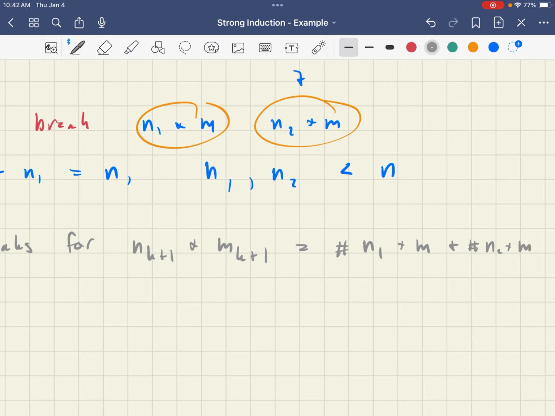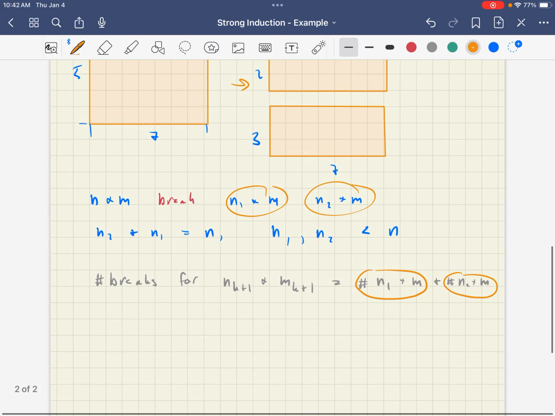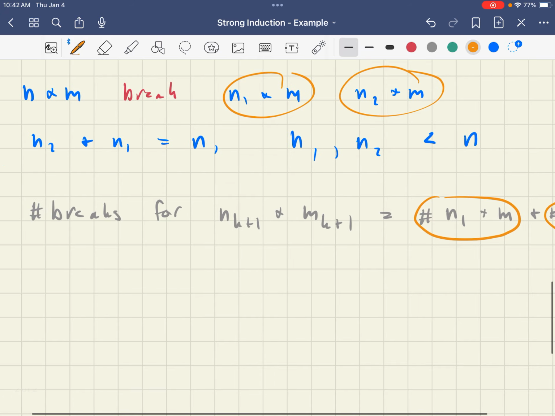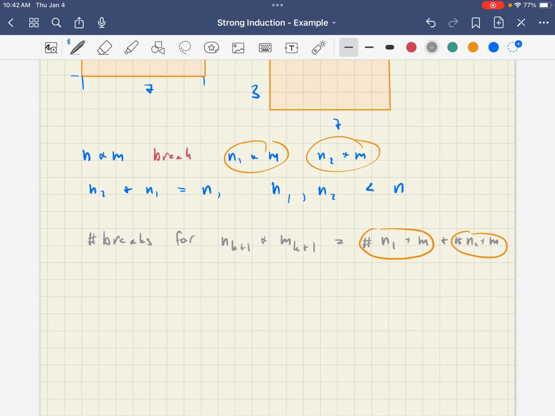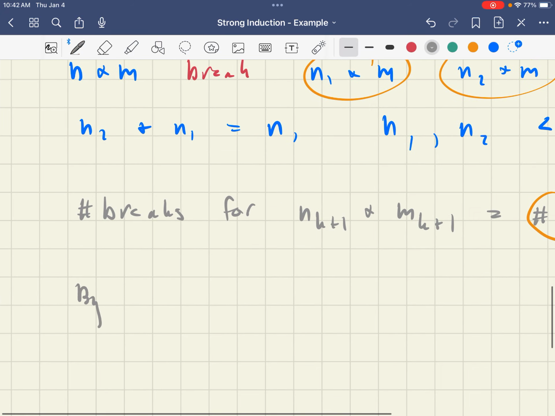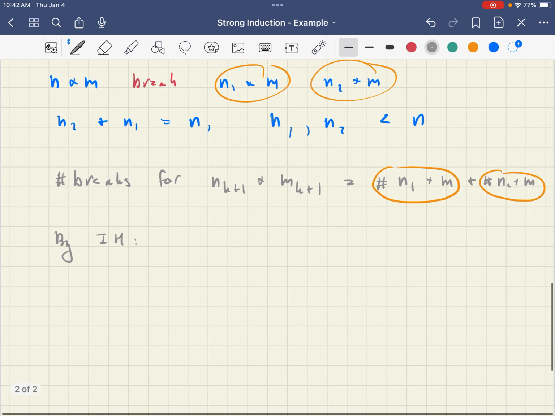And remember, this n1 and n2, these are the 2 new bars that we got when we broke our bar, right? And so now we can take these 2 and sub in our formula, because we're assuming that we can use that formula by the induction hypothesis. So I'll say by our induction hypothesis, then we can say the number of breaks.